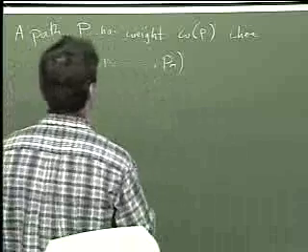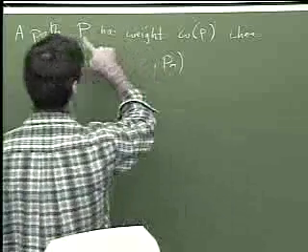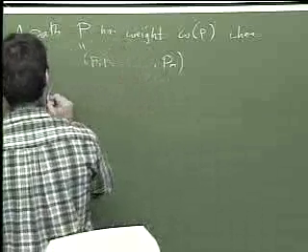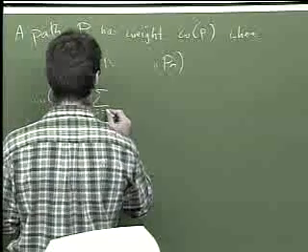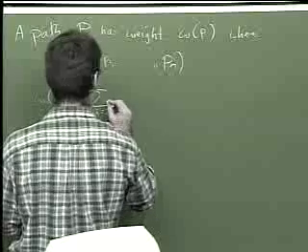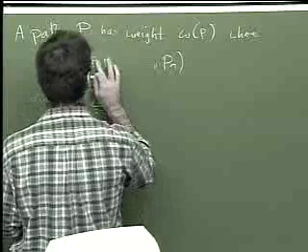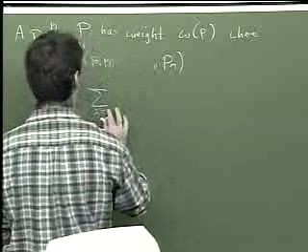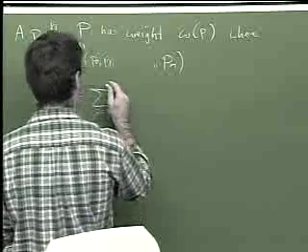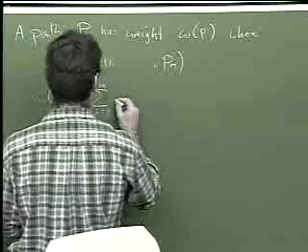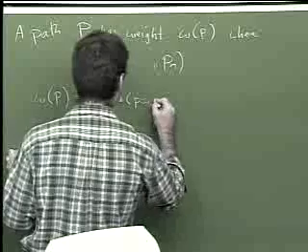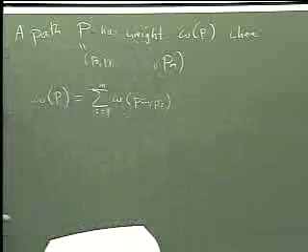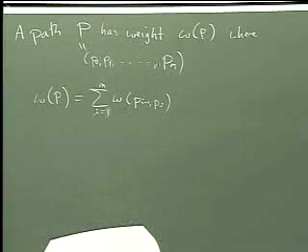W(P) is going to equal the sum, with i going from 1 to m, of the weight of the edge (p_{i-1}, p_i). So the weight of a path is the sum of the weights of the edges that you take along that path.